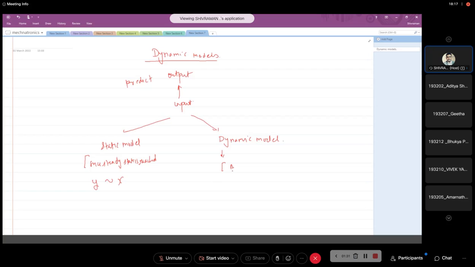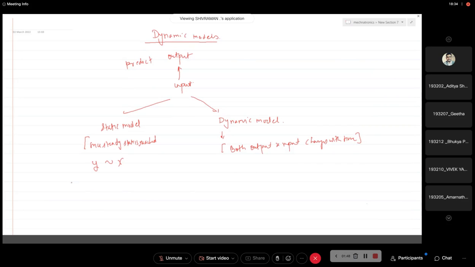Both output and input change with time. All right. So if you talk about any dynamic model, your output Y is a function of time and X is a function of time.